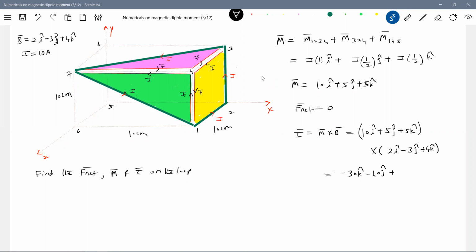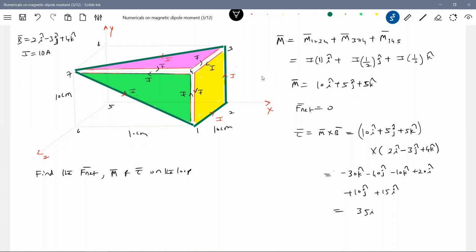J cross I will be minus K, so minus 10 K cap. J cross K will be I, so 20 I cap. K cross I will be J, so 10 J cap. K cross J will be minus I, so this will be 15 I cap.